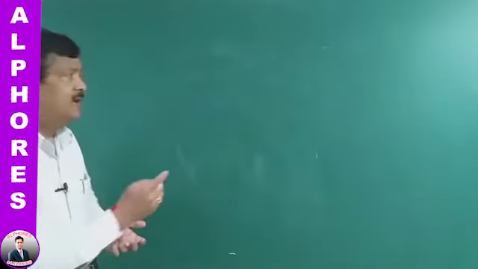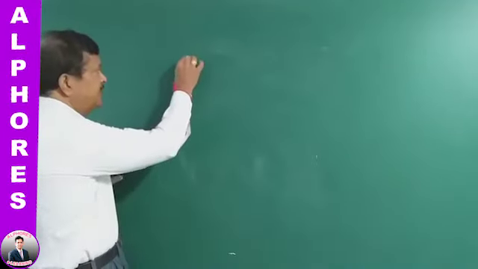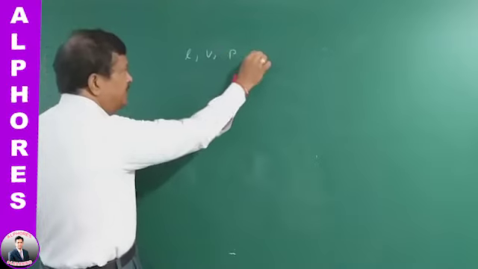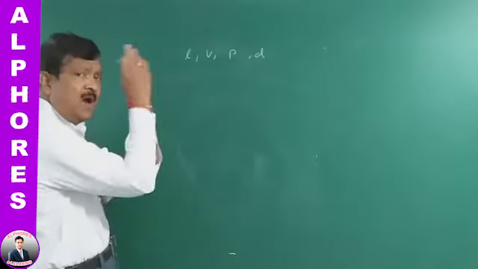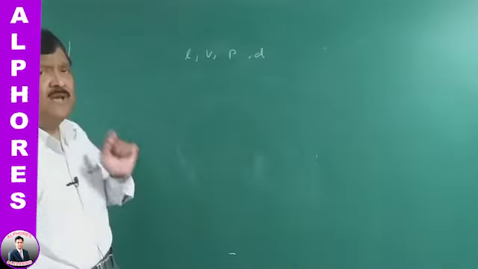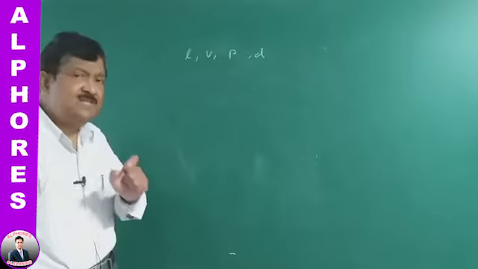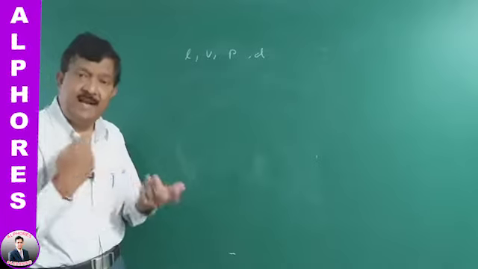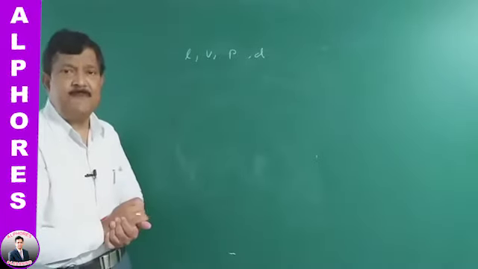If you consider expansions, we said there can be expansion in length, expansion in volume, pressure, density changes. Then out of all these things, why are we considering only liquids? Because solids will expand, liquids will expand, gases will also expand.